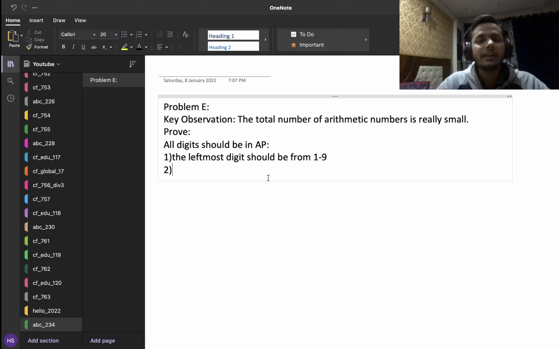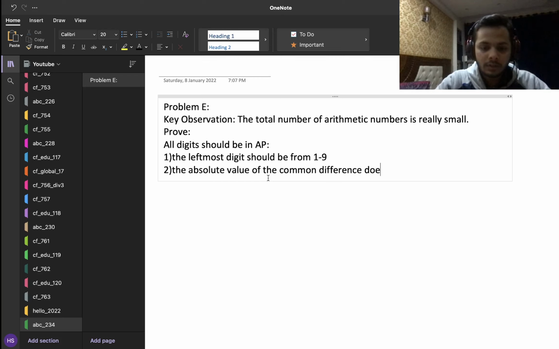But the condition that a number should satisfy so that all of its digits are in AP is that the absolute value of the common difference does not exceed 8 or maybe 9. We can just say 9, but I think it will be 8 because the first digit can never be 0. But if we allow the first digit to be 0, then the absolute value of the common difference does not exceed 9.